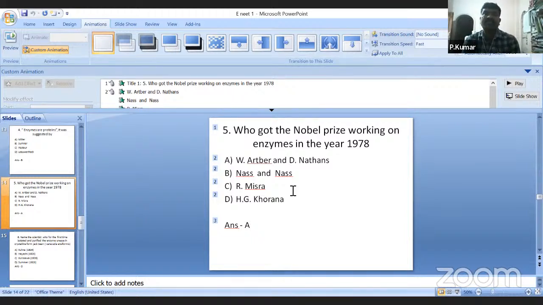Nathans, we can study in molecular biology: restriction endonucleases, which are called molecular scissors. So the answer to who got the Nobel Prize for working on enzymes in 1978 is Arber and Nathans. That is very important.